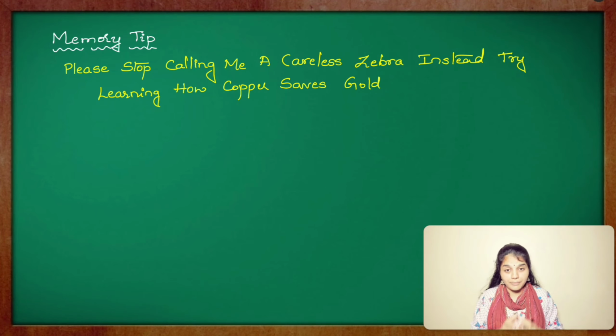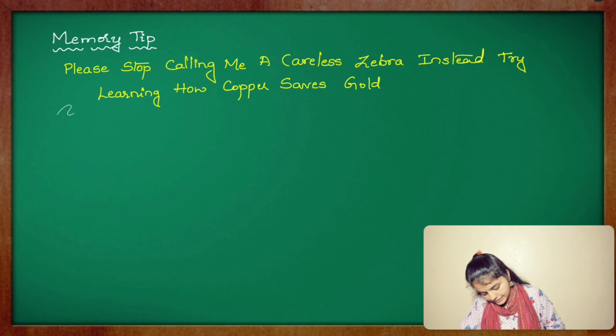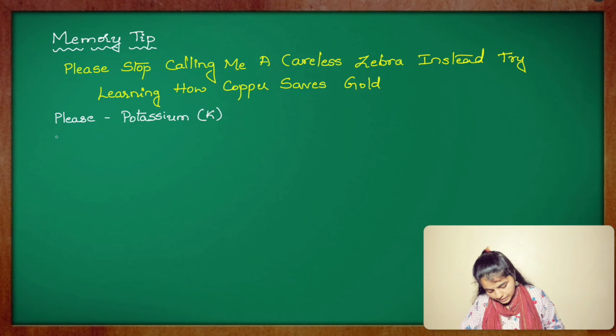Though there are a lot of elements in the periodic table, this memory tip will help you to remember those metals which are listed in your 10th standard NCERT textbook. Here, please: you can remember potassium, the first metal in the reactivity series, represented by K. Stop is used to remember sodium, which is represented by Na.